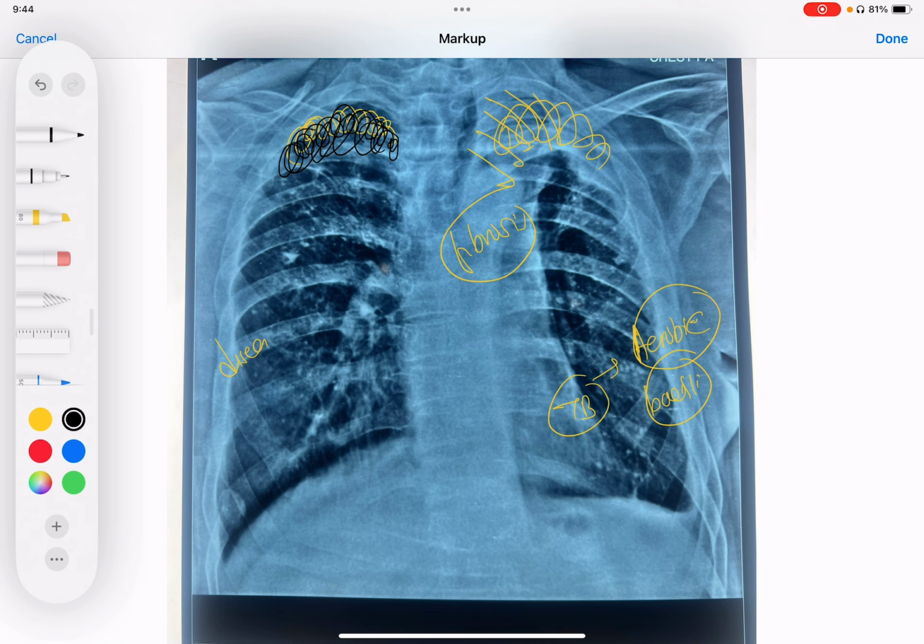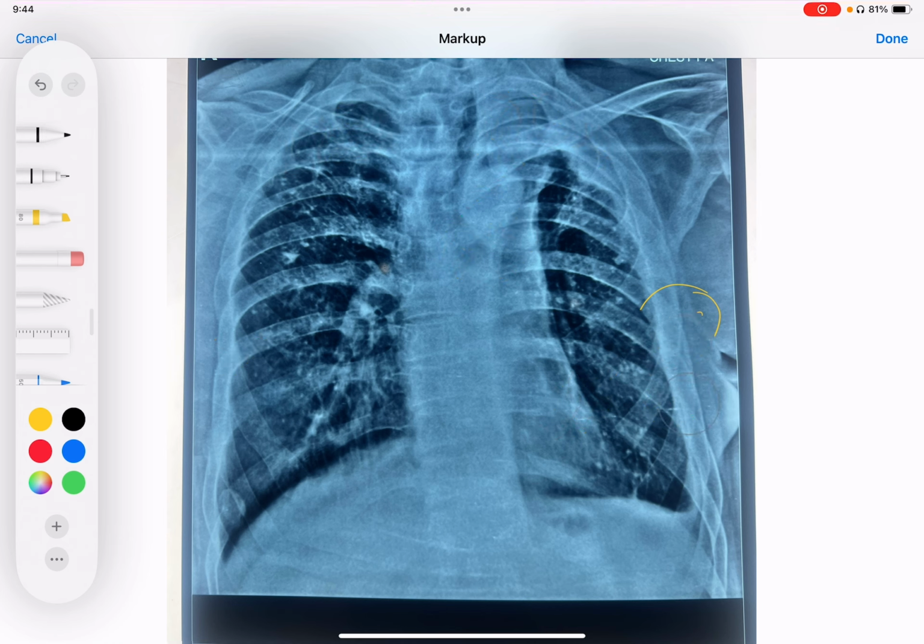That is the reason why this is the most common site for the tuberculous bacteria. Same is with nocardia also, because nocardia also loves oxygen, and the upper lobes of the lung are full of oxygen, full of air. That is the reason why this is the most common site.